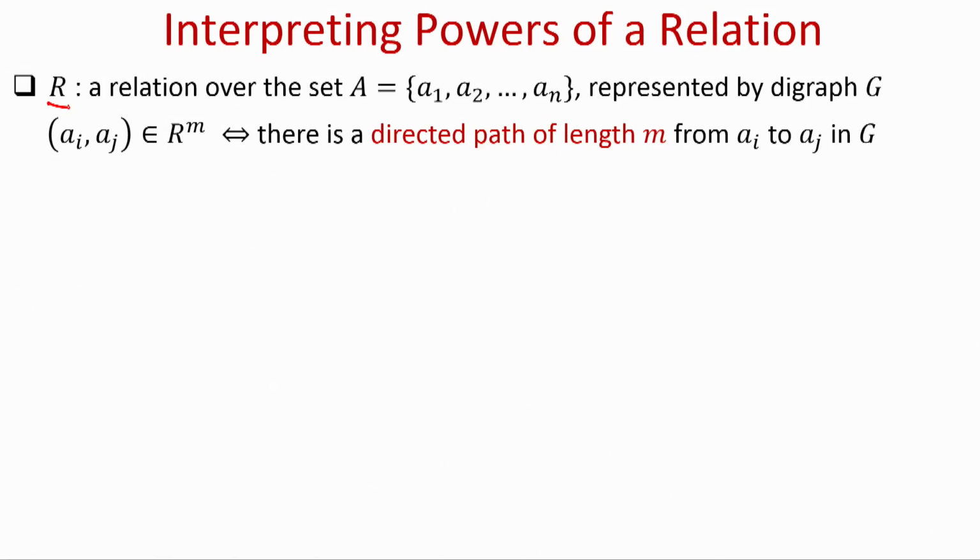So, imagine you are given a relation over some set A consisting of n elements and suppose the relation is represented by a directed graph G. Now, the claim here is the following: the ordered pair AI AJ will be present in the mth power of the relation, namely AI is related to AJ in the mth power of the relation if and only if there is a directed path of length m from the node AI to the node AJ in the digraph of your relation.